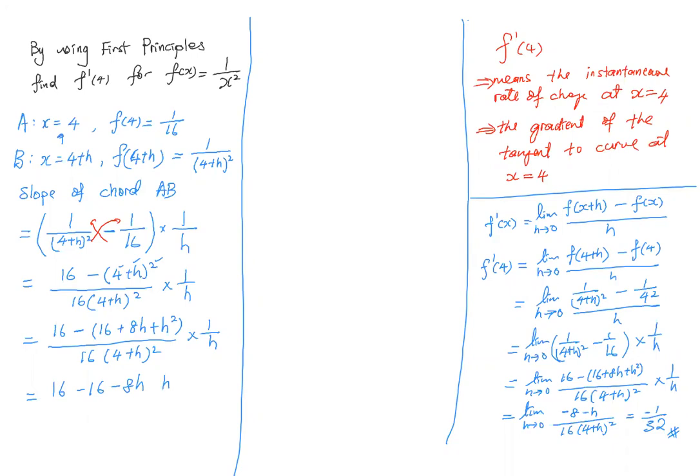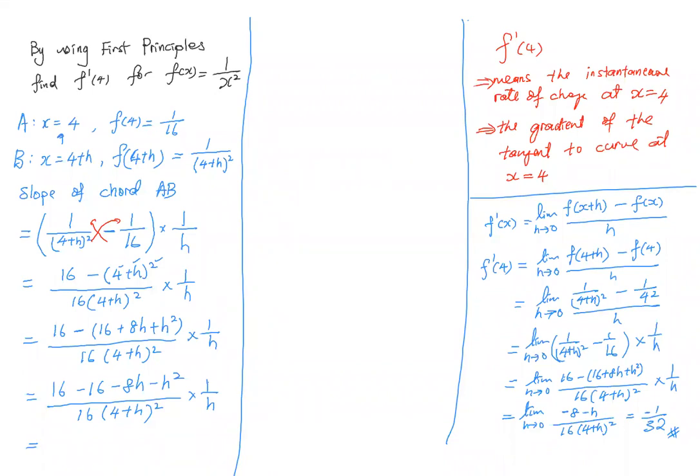If you are the person who needs to do it carefully, please do so. If you can jump the step, you go ahead and jump. All right? So 16 minus 16, no more.